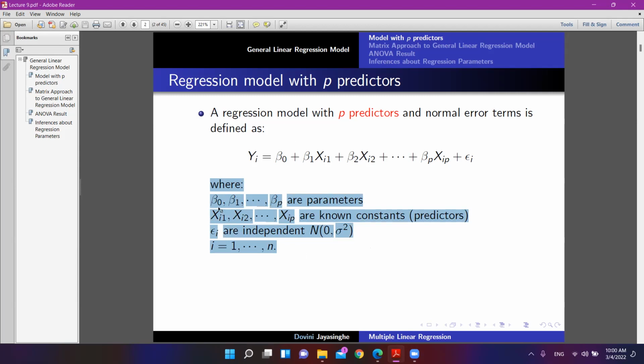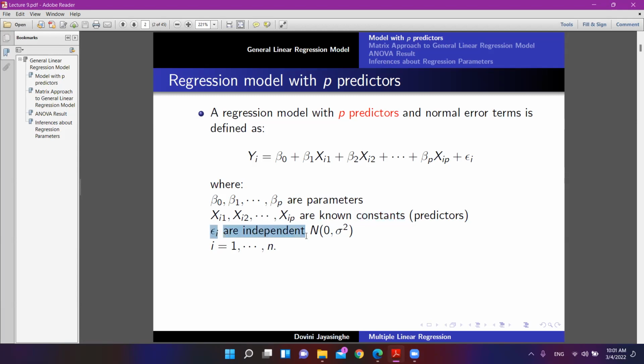The parameters are quite obvious, but still you have to write it: beta naught up to beta P are the parameters. xi1 up to xip are the known constants, or the predictors. Why do we call them constants? Because we have our data set in hand, but they are the predictor variables.